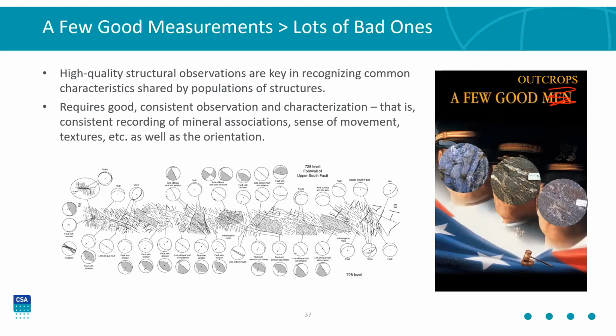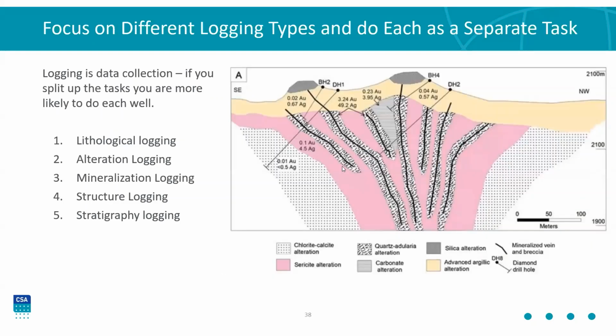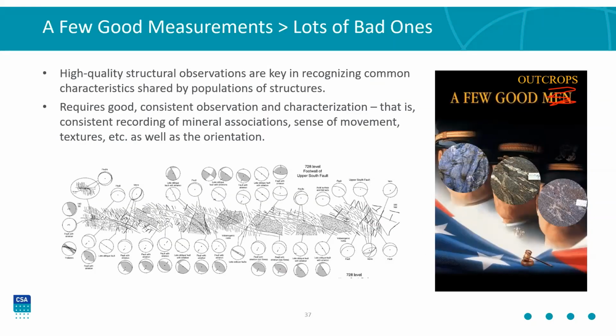And where you do get those good outcrops, then spend the time to make consistent observations, characterize everything that you see, and you can, in a single outcrop, take loads and loads of measurements, recording mineral association, sense of movement, textures, etc., etc. So quality over quantity is another really easy win. We're all limited on time, and so rather than trying to collect everything, just try and focus on the important stuff.